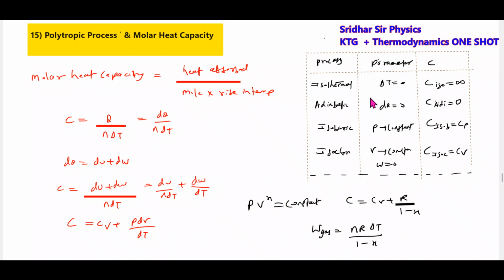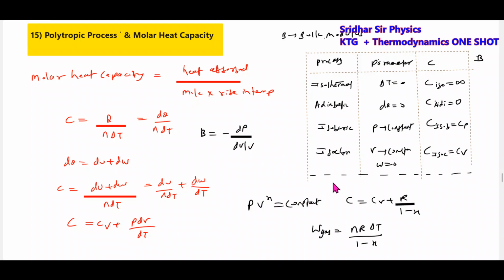Similarly, we'll define the bulk modulus. What is B? How do we define bulk modulus? Minus dP by (dV by V).